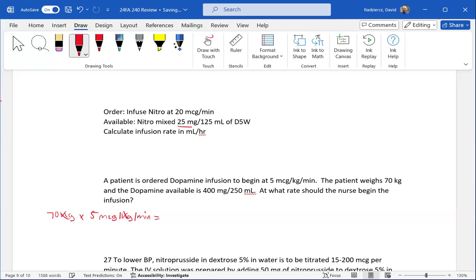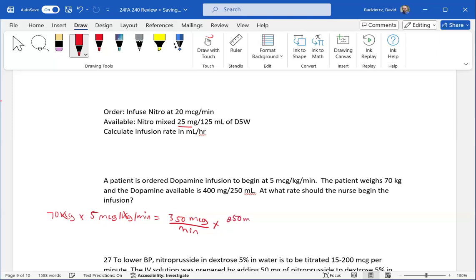And then you're going to get 350 micrograms per minute. Then everything else you're going to do exactly as we've been doing. So the only thing that's different is adding the weight-based component to it.